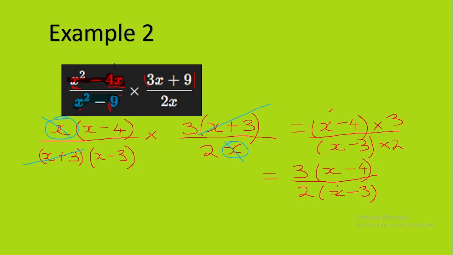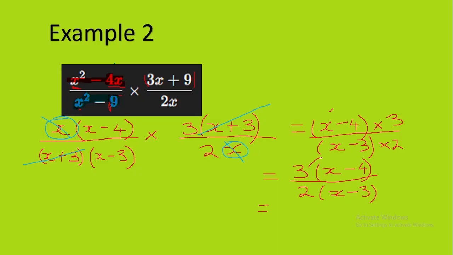But in this case right here, the factor is x minus 3, so there's no other x minus 3. So we can't just factorize the x from each other. No, it can't work. So we have this fraction right here, and there's nothing else that we can do to simplify.